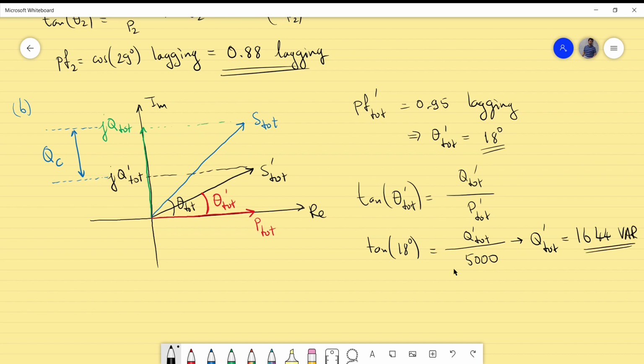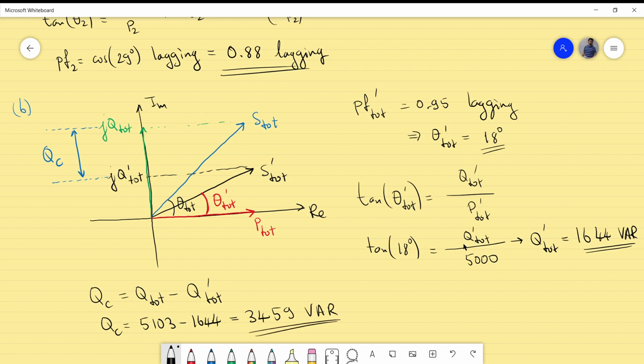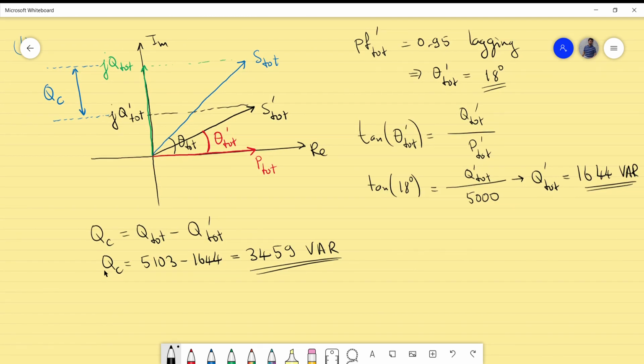Now, since I know that QC is equal to Q total minus Q total prime, QC must be equal to, since Q total was 5103, minus 1644, I will have 3459 volt amperes reactive. Okay, I'm really close because I know that this is the reactive power for the capacitor.